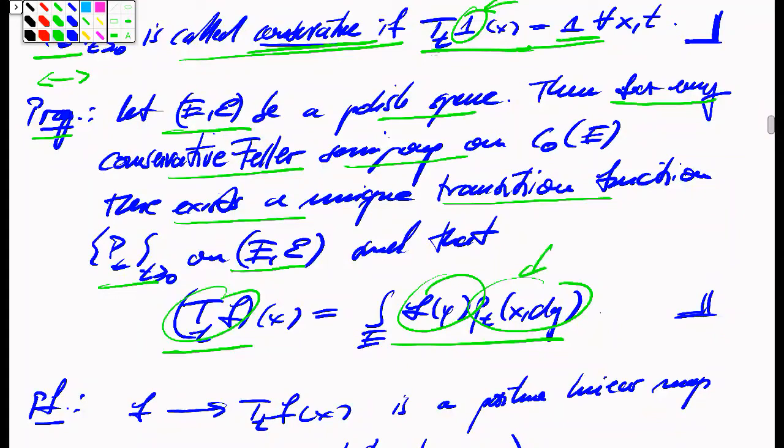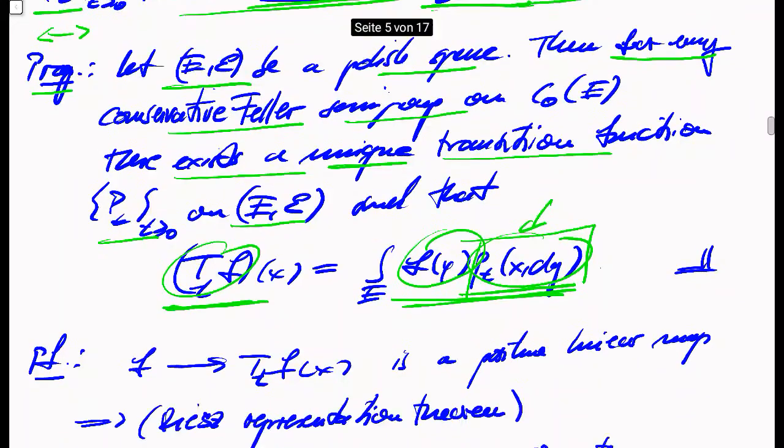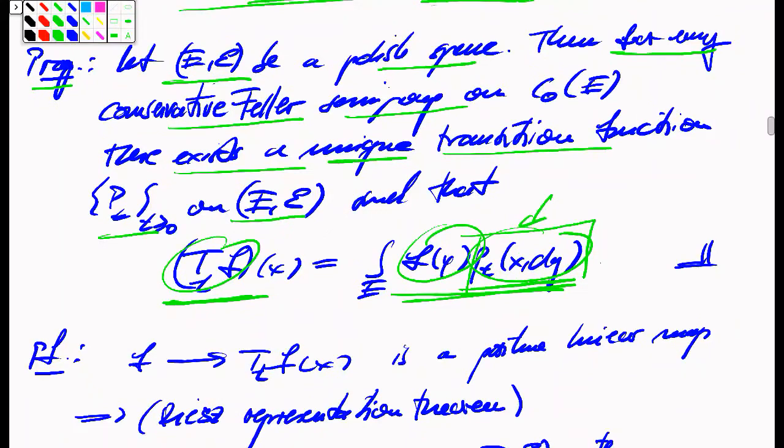Or let me be a little more precise. If we have a family of operators on function spaces which are a semigroup and which satisfy these Feller conditions, then there exists a unique transition function such that these abstract operators can be represented as appropriate mean value operations by means of this transition function. And the upshot of this is, if you give me a Feller semigroup of operators, then I can construct an associated Markov process.